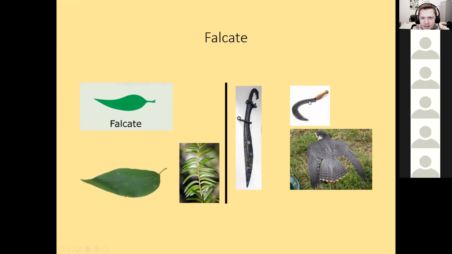And then sickles also in Latin, and it shares a common name with falcons because their wings are sickle shaped. So you can also look at this leaf and see that it looks kind of like a wing, and then you can interpret that as falcate because it looks like a falcon wing.